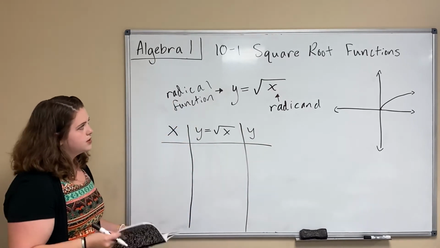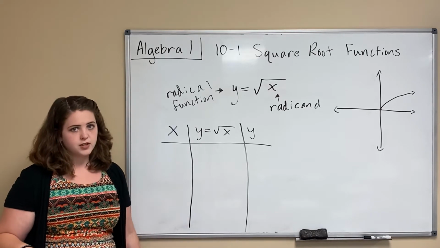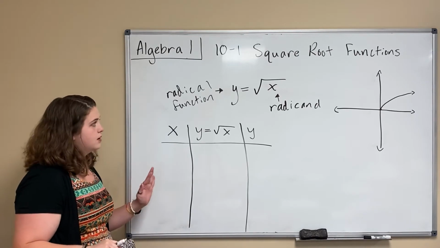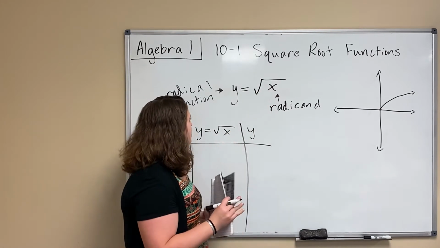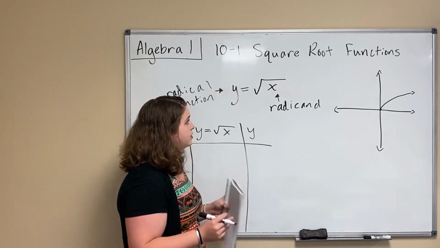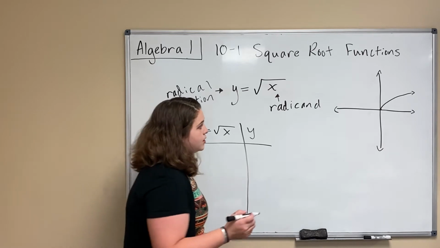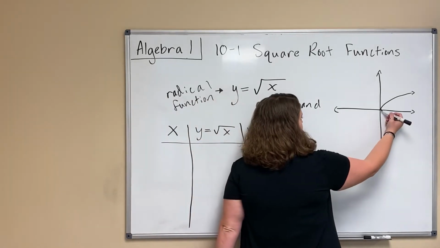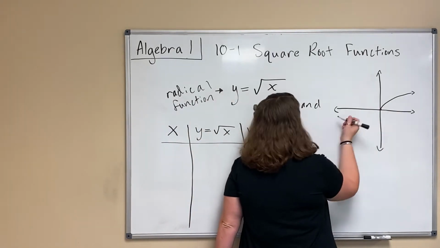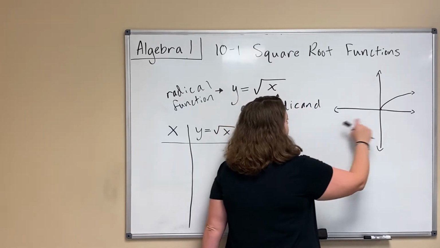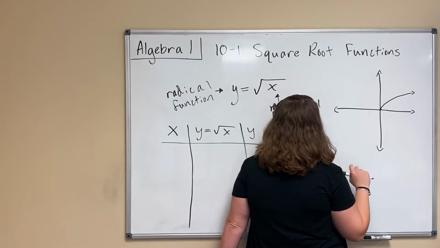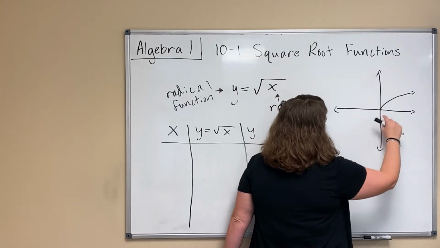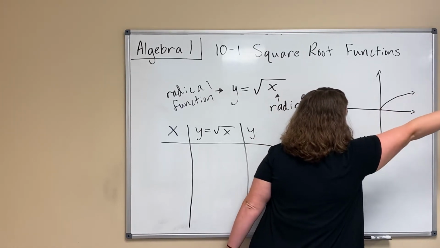Now, the interesting thing about square root functions, because we know that you can't have a negative under the square root symbol and it be a real number, we won't ever get a negative x value here, at least not as long as it's a plain value like this. See, it starts at 0 and it goes that way.